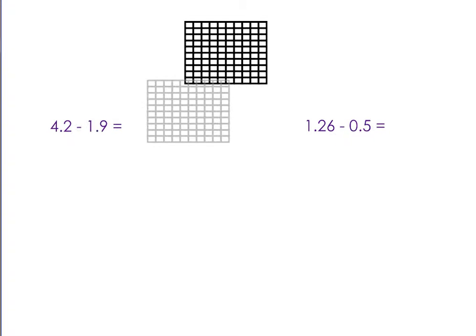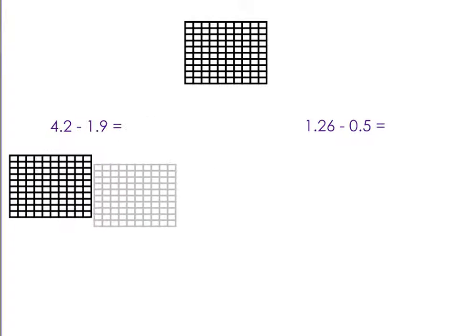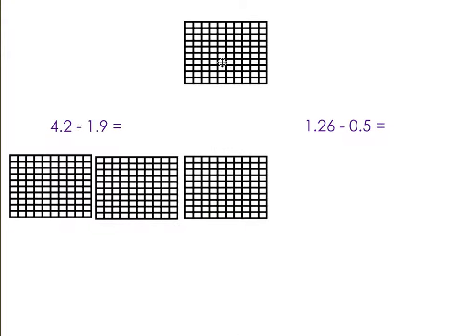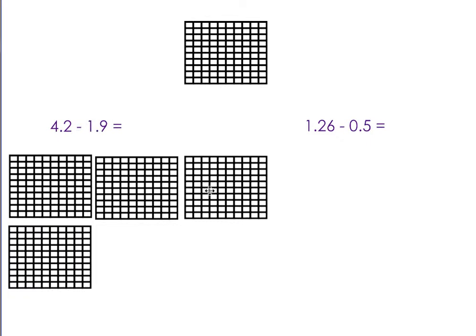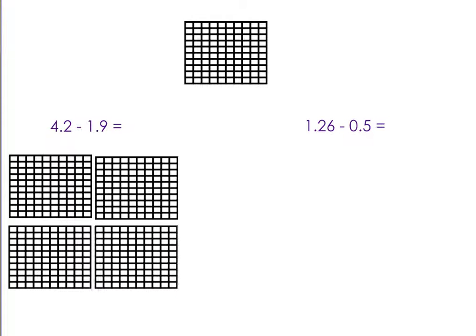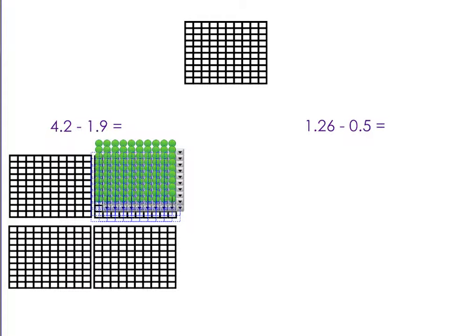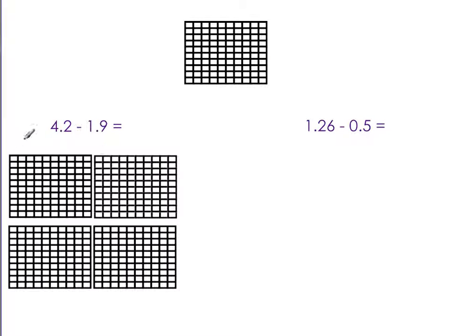So first I'm going to bring over 4 whole ones, so that's 1, 2, 3, 4. You know what, I think what I'll do is I will put them all together like this. Okay, now what I need to do is show 4 and 2/10.